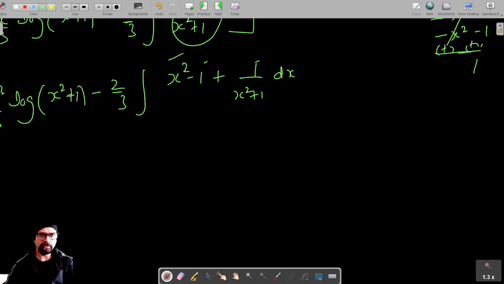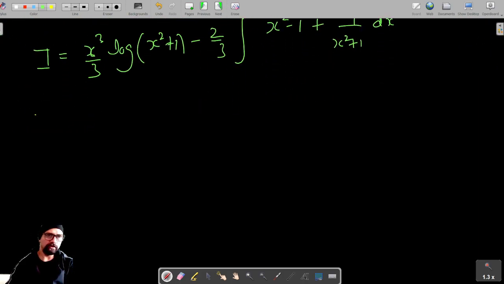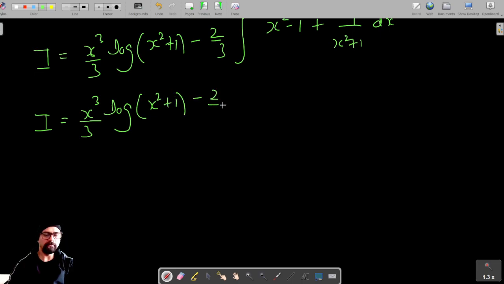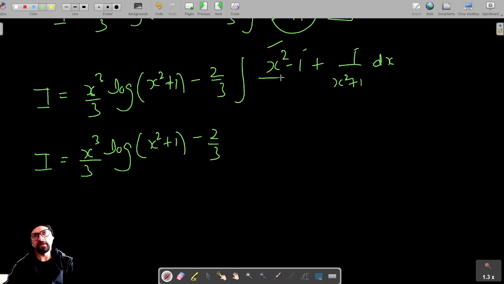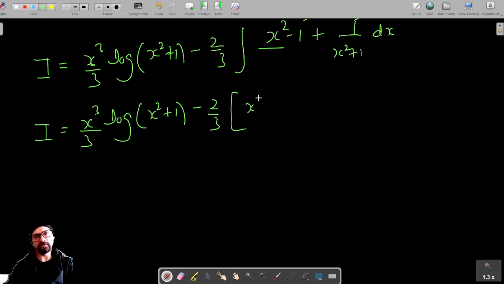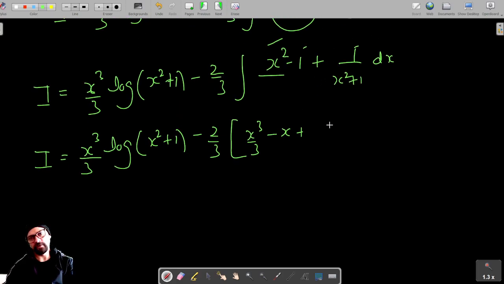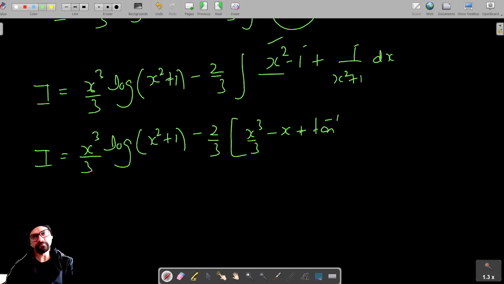Now we have three different terms, and it's easy to integrate. So I is equal to x cubed by 3 into log of x squared plus 1, minus 2 by 3. The integration of x squared is x cubed by 3, the integration of minus 1 is minus x, and the integration of 1 upon x squared plus 1 is tan inverse x plus c.